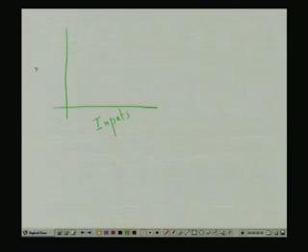Say now, if I draw this, say these are my inputs, because already we have defined inputs, behavior and outputs. So, these are the inputs and these are the outputs. Now, inputs can take some discrete values, not all values. Say these are the values it can take. Now, for this input, the output can be this one.